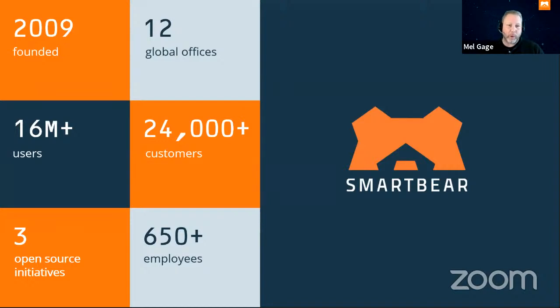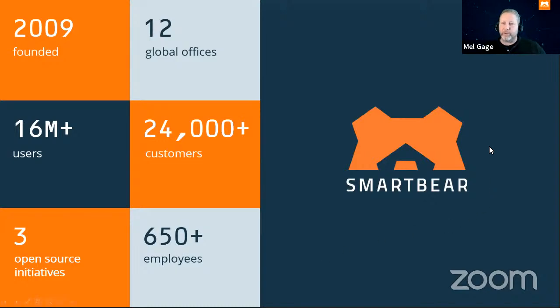We are a global organization spread out across different areas with offices in Galway and in Australia. And we continue to add to our product solution suites with additional acquisitions. We have greatly expanded our user base over the last year or two, up to 16 million plus users with over 24,000 organizations as customers. We support open source initiatives, and we continue to grow our employee base to support you with the best products we can produce.